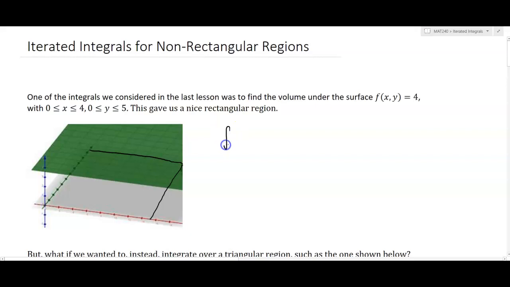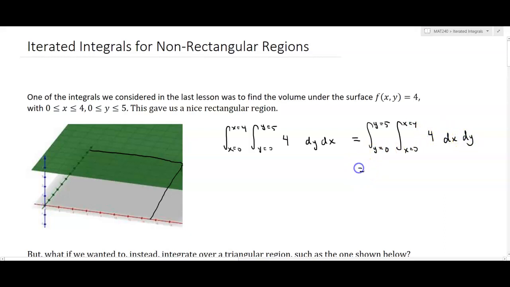We could take the integral from x equals 0 to x equals 4, and then the integral from y equals 0 to y equals 5 of our function dy dx, which would give us the same answer as integrating from y equals 0 to y equals 5, and then from x equals 0 to x equals 4 of our function dx dy. Both of those came out to be 80 cubic units.